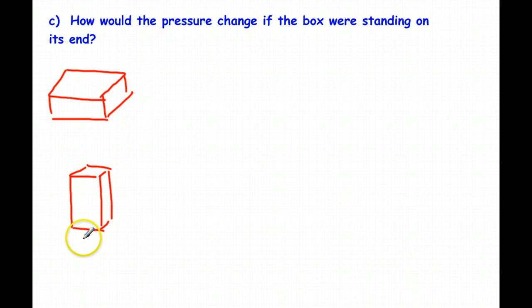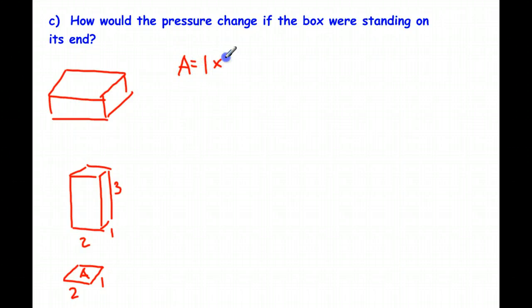And this was, I believe, 2 by 3 by 1. So now all we have that's in contact with the floor is just the bottom end of it, the small end, which is just 2 by 1. So our area changes. In this case, our area is 1 times 2, which is 2 meters squared.